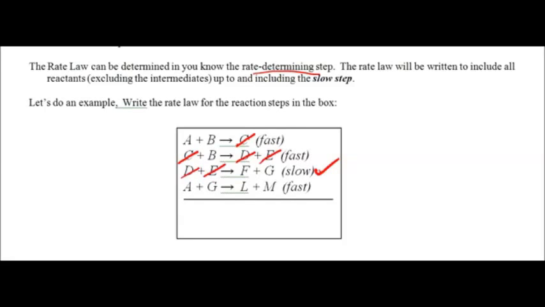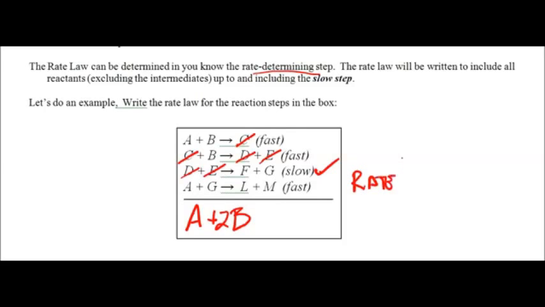Now that I'm at my slow step, I have to say to myself, I'm going to include all reactants minus the intermediates. The only thing that remains up until the slow step is 1 A and 2 B's. This is to write my rate law. So I can now write my rate law as this.